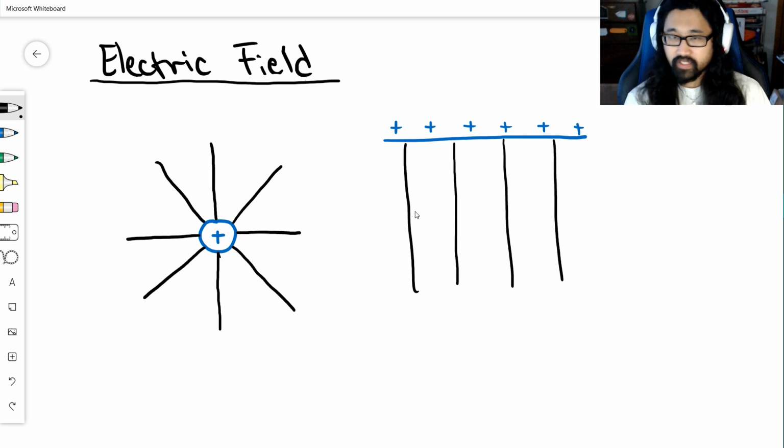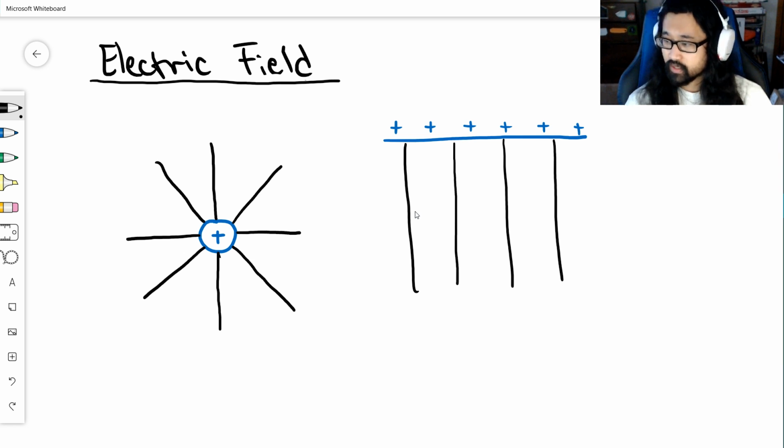The other thing that we need to keep in mind is that it needs a direction. Electric fields can push or pull things away, depending on how they're charged. The way that we determine the direction which way the electric field points is by asking, what would a positive charge do here? What would happen to the positive charge if I put it in a spot?